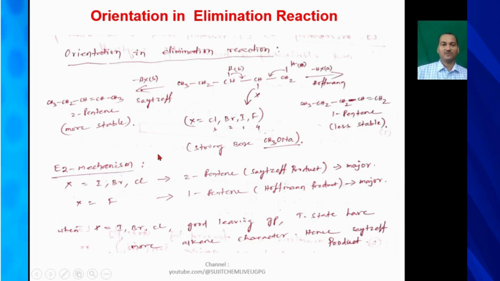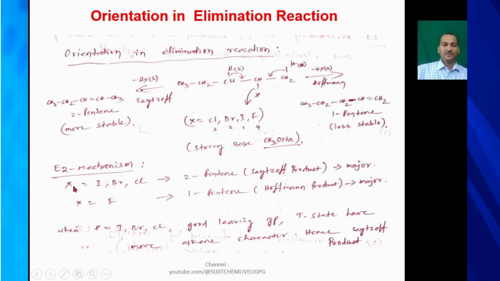Let's talk about it in presence of a strong base, CH3ONa, sodium methoxide. When it undergoes Hofmann elimination, you get the less stable, less substituted alkene. When it gives the more substituted alkene, that is the Saytzeff product.